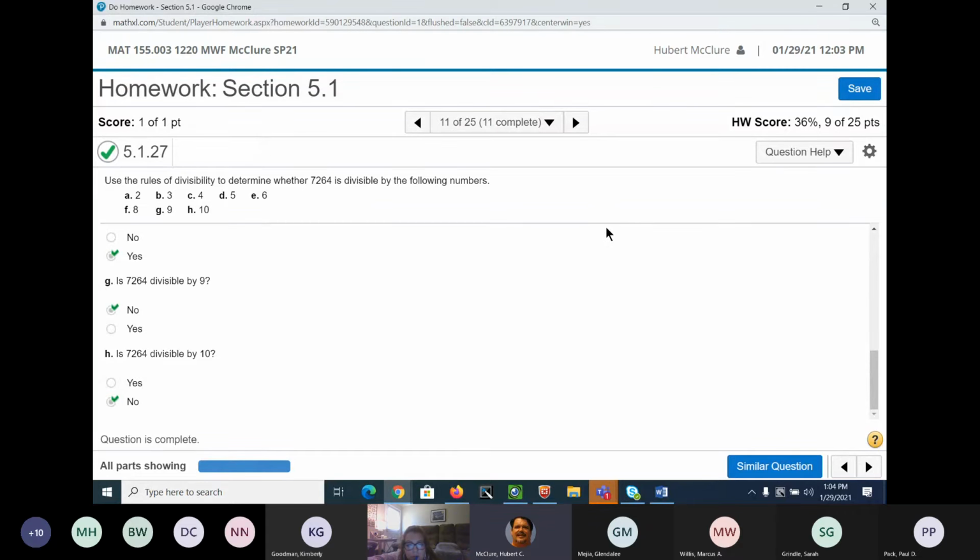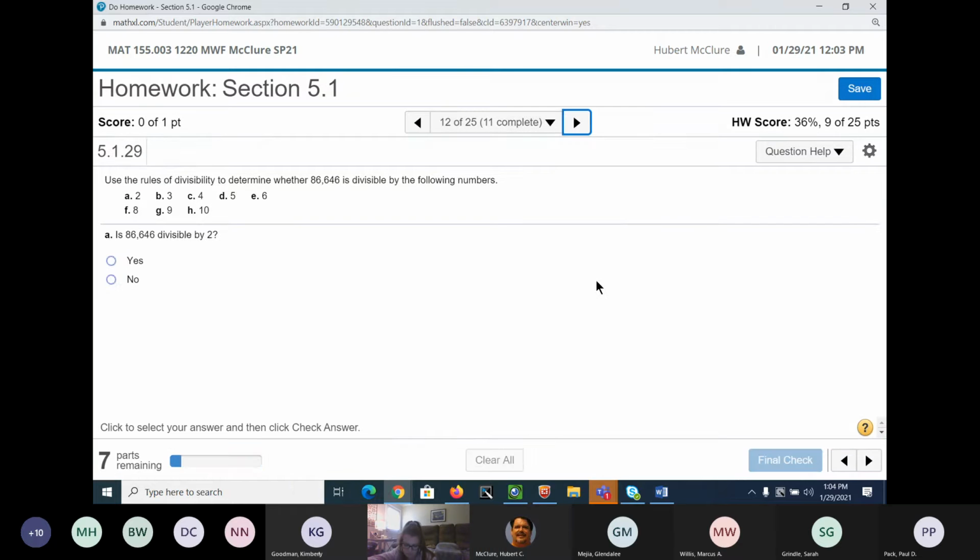So you see the transition, we're going into least common multiple, and you do this one. I want y'all to do this one. I'm going to give you a big one because I want to discourage you. So 86,646. 86,646, and I'm going to write it down for you.